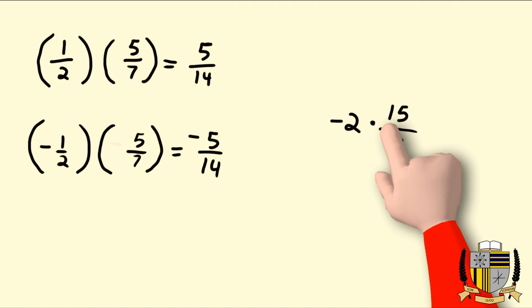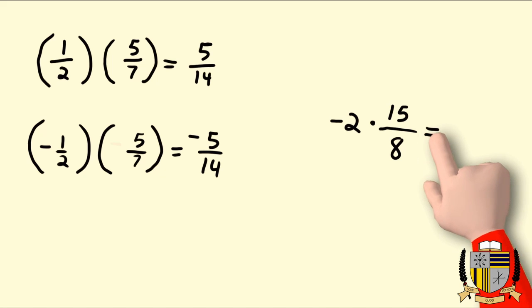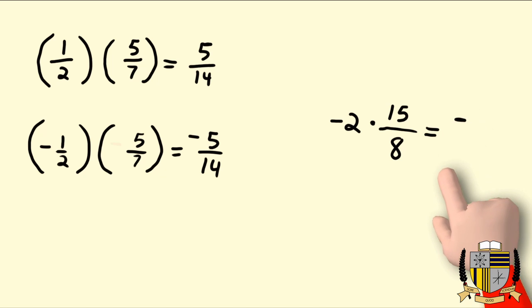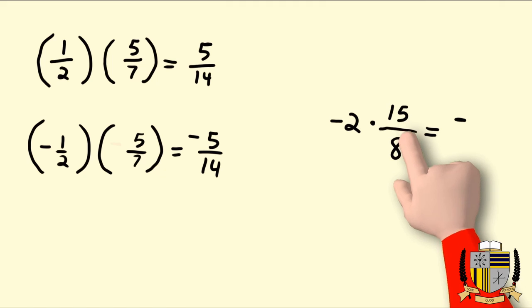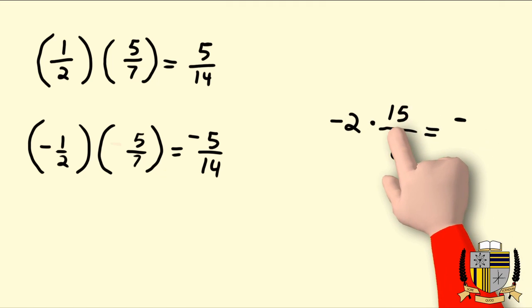So we have a multiplication of unlike signs. So right there, I know my answer is going to be negative because we have a multiplication of unlike signs. We have a negative 2 and a positive 15/8. So now I got the signs out of the way.